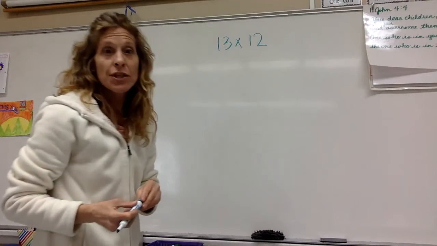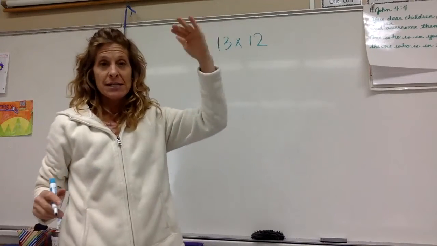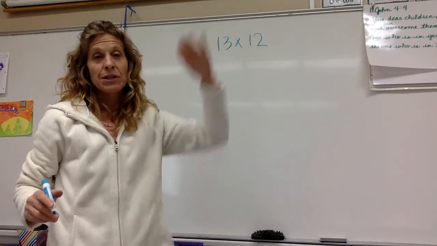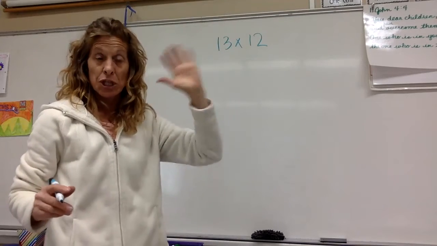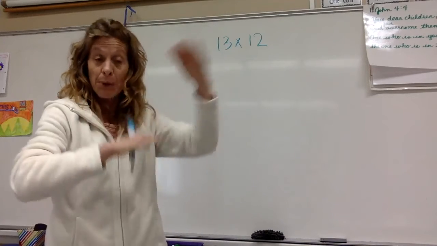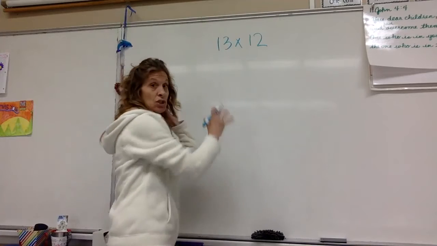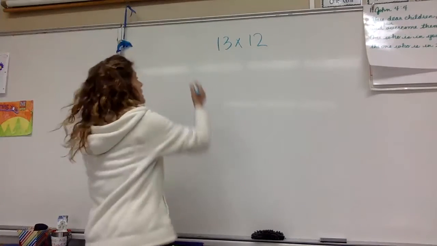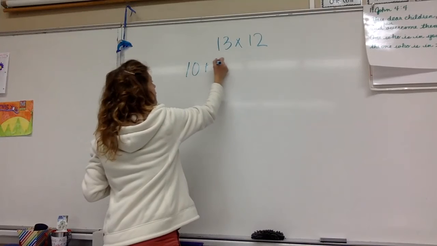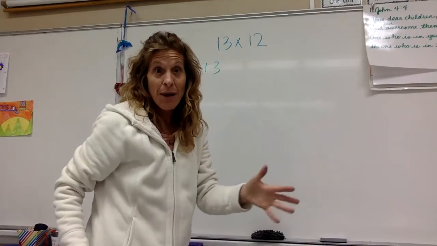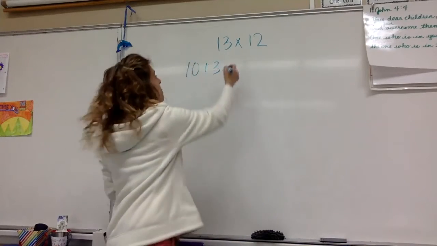Okay, they took the 13 and they broke it into 10 and 3. That's what the green and the purple represent, is they took the 13 and they've just broken it up. So let's do that, but in number form. So 13 is 10 plus 3, but we have to keep the rest of the problem, which is times 12.